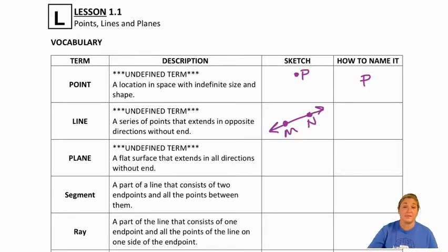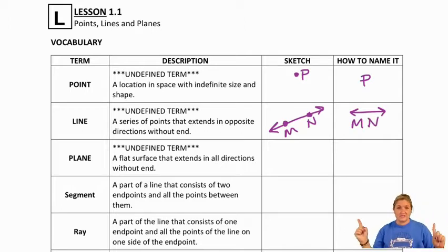Not line segment, just line. So then we would note that with arrows above MN. So we would know that that continues on after M and N. It doesn't stop there.